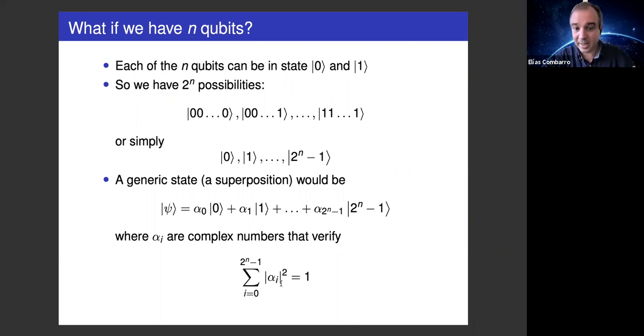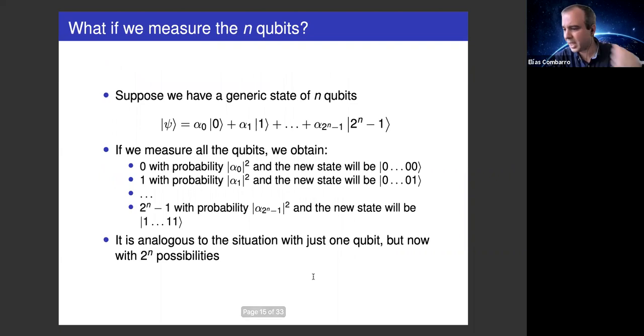And again, you have this normalization condition, because when you measure a system with n qubits, it collapses to one of the possibilities, 0, 1, 0, 0, 1, 1, 0, whatever, with probability that is exactly the absolute value squared of the coefficient that expresses the state of the n qubit system. So again, we need this normalization condition.